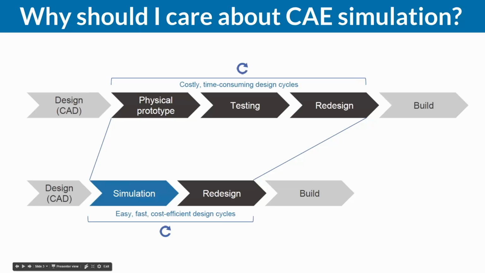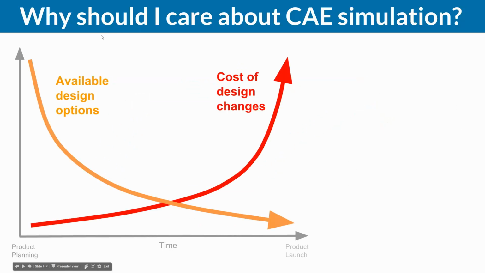Okay, so this is one reason why, if you can, you should not skip using simulation in your design process. The next thing is that it's not only important to use simulation, but also when to use it. Generally, with or without simulation, the cost of a design change depends on at which stage of the design process I alter my design.